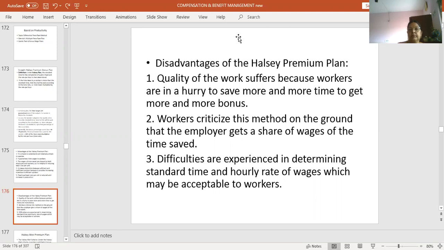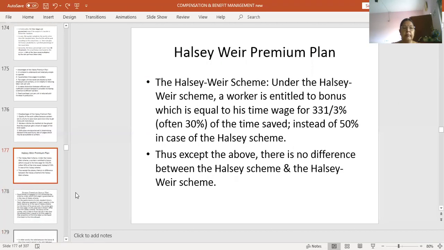And sometimes it becomes difficult finding out the standard time and hourly rate of wages when workers have finished the work before the standard time. So that calculation may not be acceptable to workers. They may not be happy with the way you have calculated their wages.